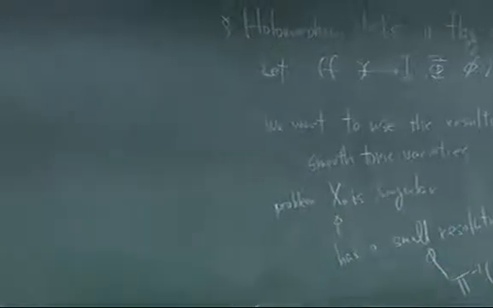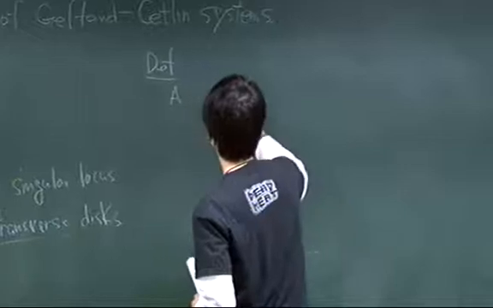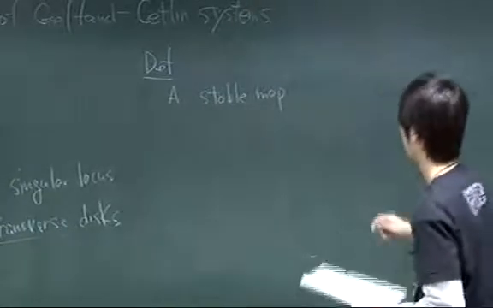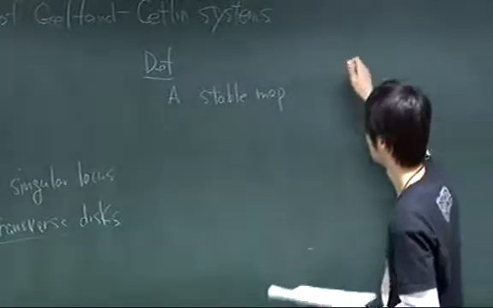Okay, then torically transverse. Maybe first stable map. A stable map is a holomorphic map without any continuous automorphism.